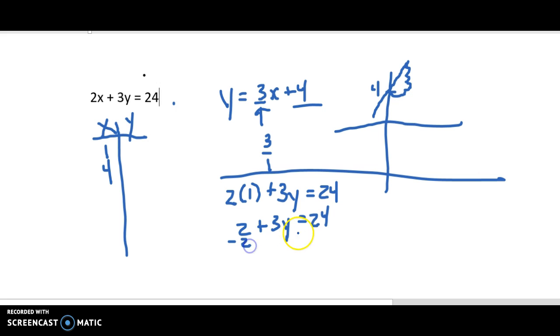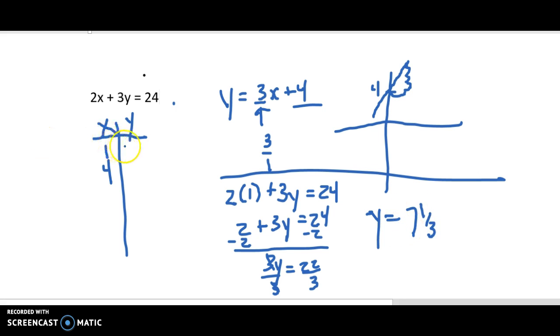Subtract 2 from both sides, and we see that 3y is going to have to equal 22. Dividing both sides by 3, y has to equal 7 1/3. So 7 1/3 would be the corresponding y value.